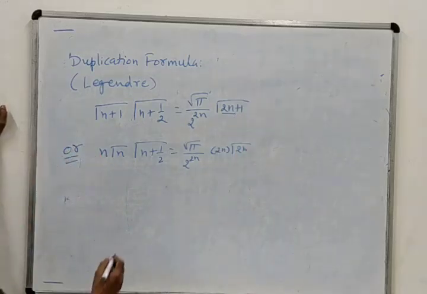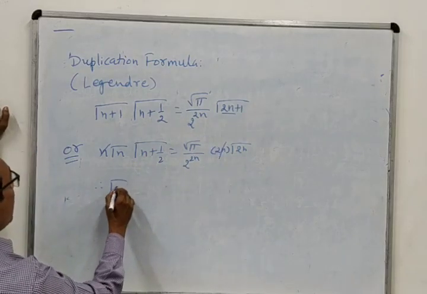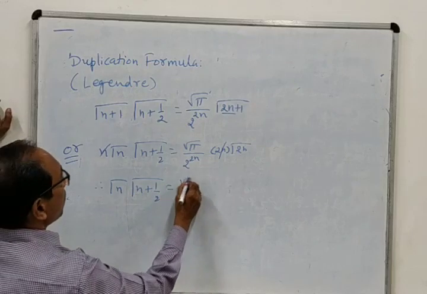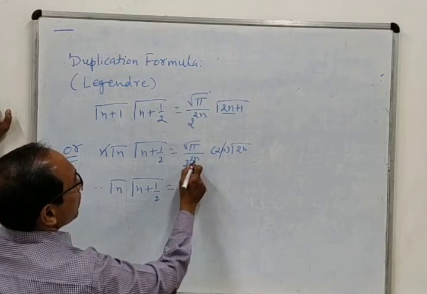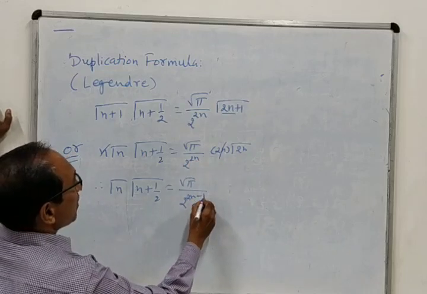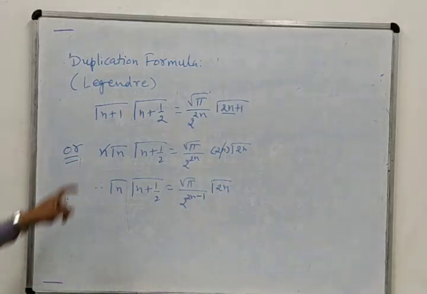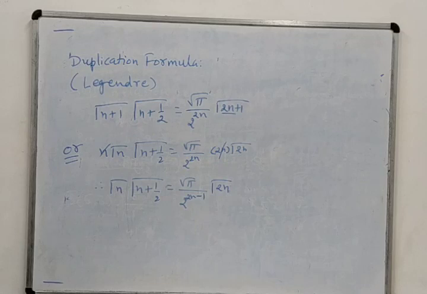So here this n and this n will be cancelled. So we will have gamma n into gamma n plus 1 half equal to root pi upon 2 raised to 2n. This is 2, so we will take this in the denominator: 2 raised to 2n minus 1 into gamma 2n. Okay. So this is the simplified form of the duplication formula. So you can write any one formula from this one.